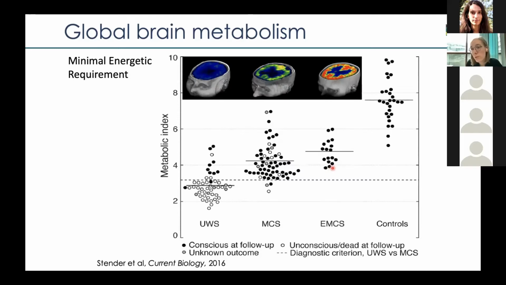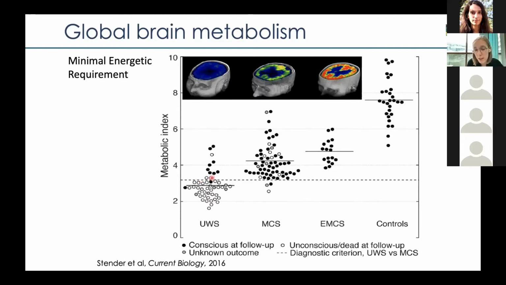Then when patients recover further, so they are able to either functionally communicate or use an object in a functional manner, then we say that they emerge from the minimally conscious state, so EMCS. And again, this metabolic index is slightly higher. We can actually disentangle especially the unresponsive and MCS patients by setting a threshold on the metabolic index.